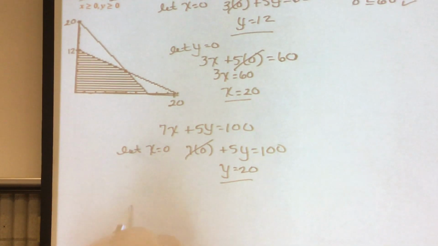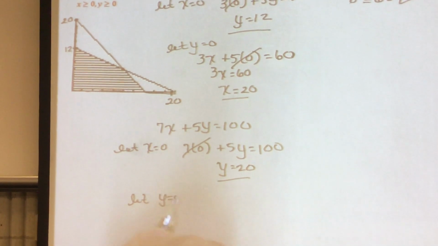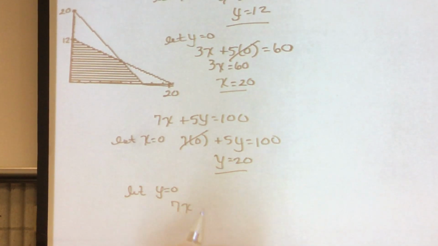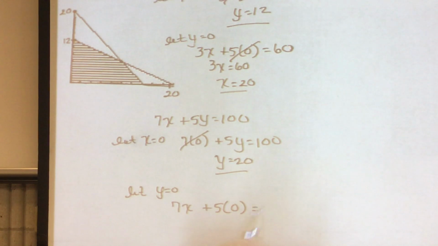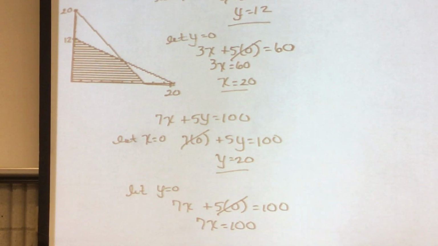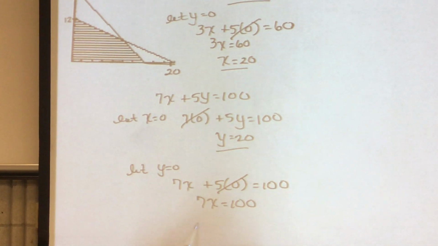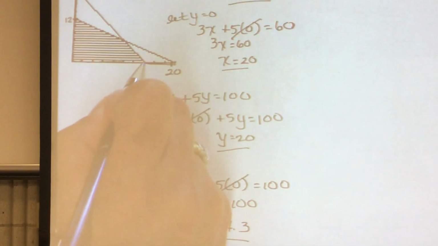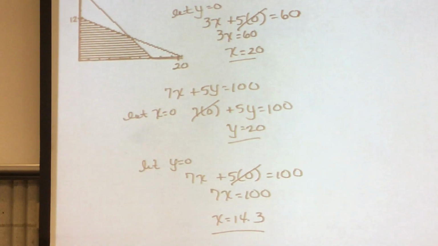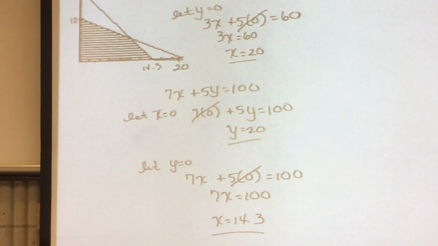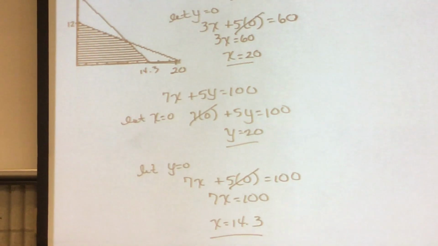Now let y equal 0 and solve for x. So we have 7x plus 5 times 0 equals 100. 7x equals 100. Divide both sides by 7. We have x is equal to 14.3, and 14.3 is about there. So let's draw that line.